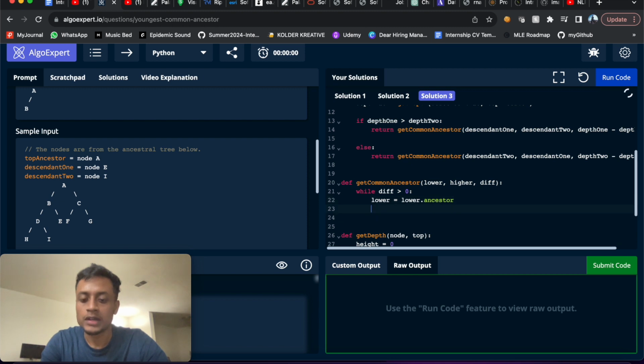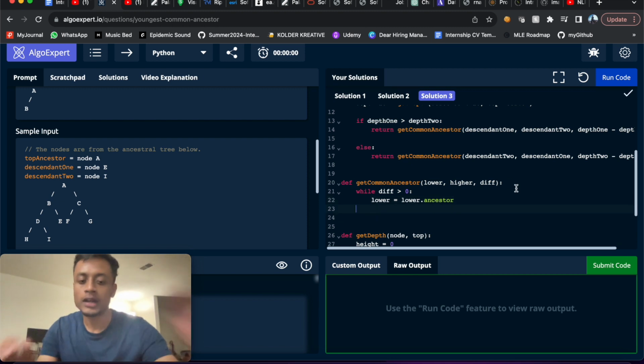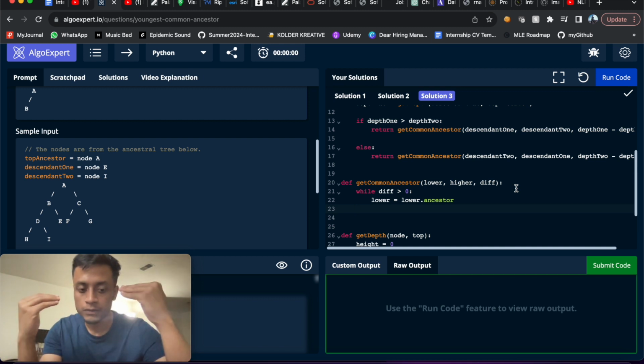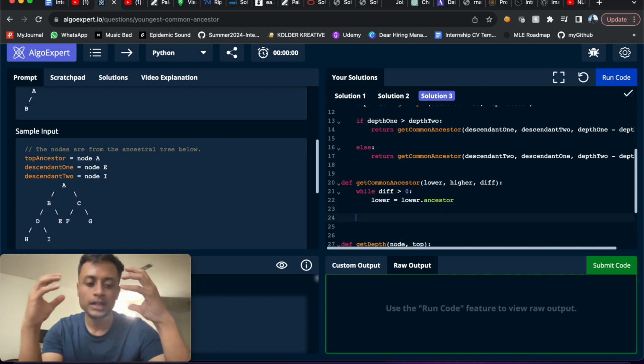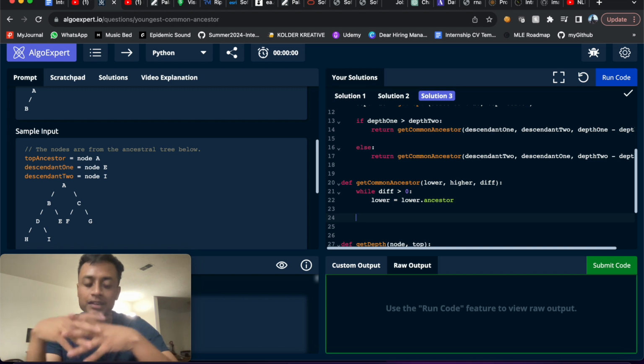So when this loop finishes executing, I'm gonna have both lower and higher on the same level. So I have an option to move both of them at the same time. Both of them will eventually meet at one point, because it has to meet at the root node, so they will be equal at one point.